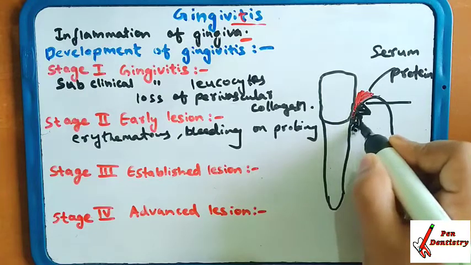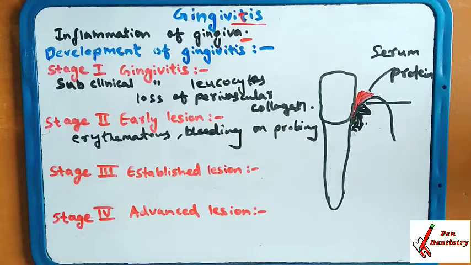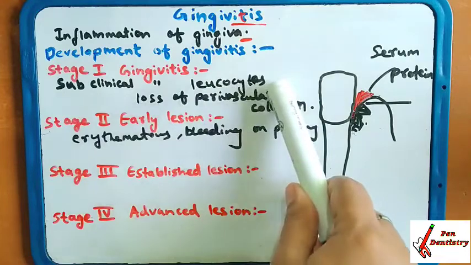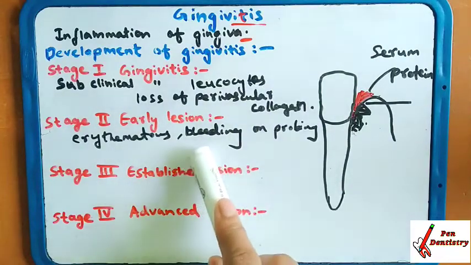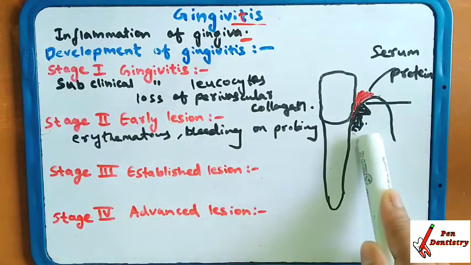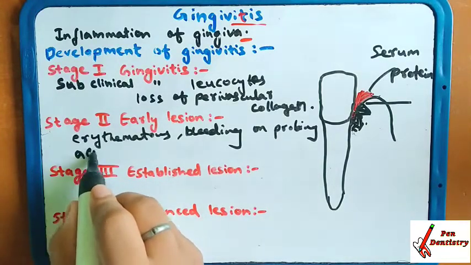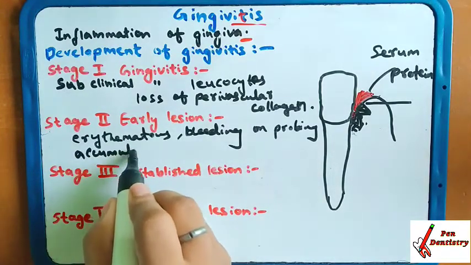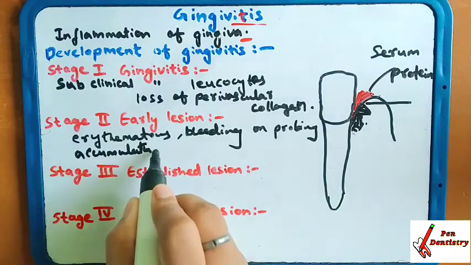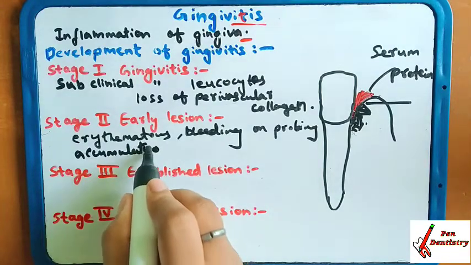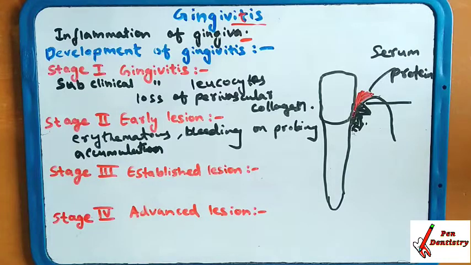There will be accumulation of the leukocytes beneath the junctional epithelium. As I have told you, there was migration of the leukocytes; now in the second stage, there will be accumulation.